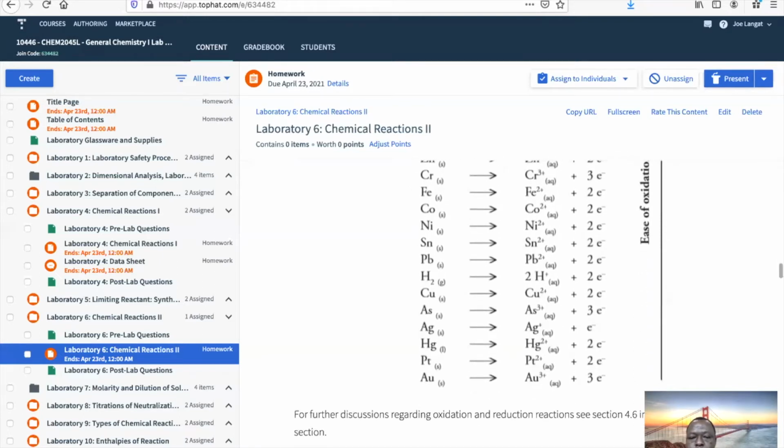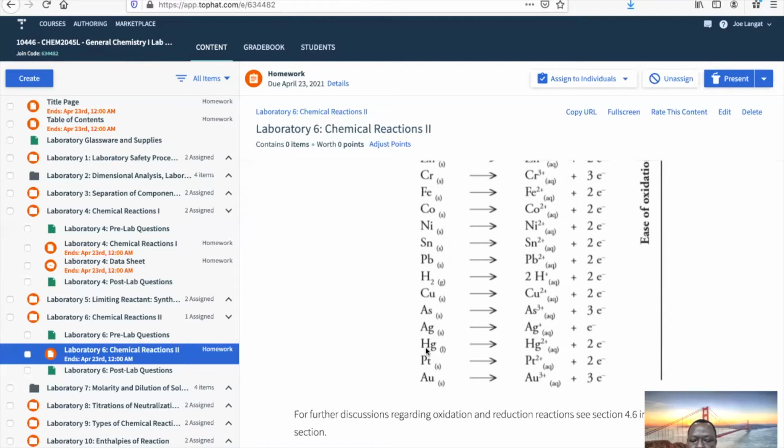At the bottom of the list right here is gold, which is the least active or the least reactive. How you read this table is something above will replace something below it in the chemical reaction. That's how this table works.